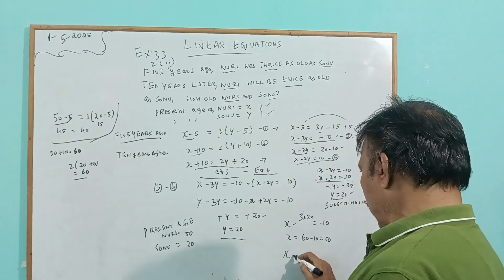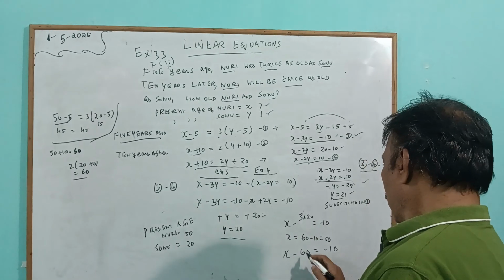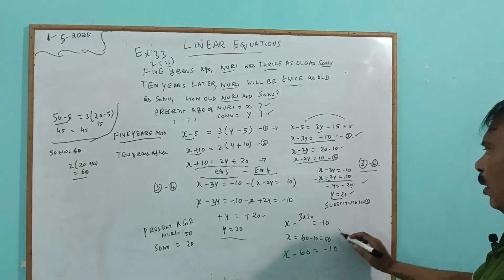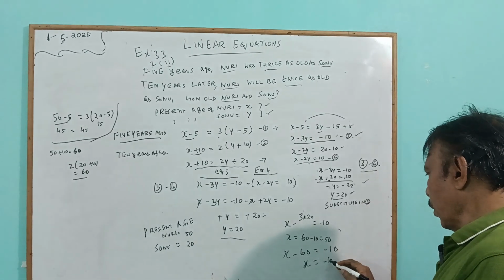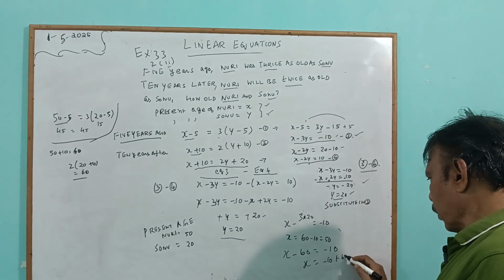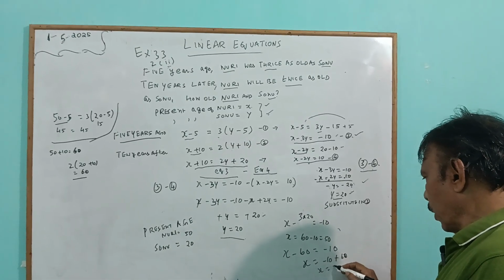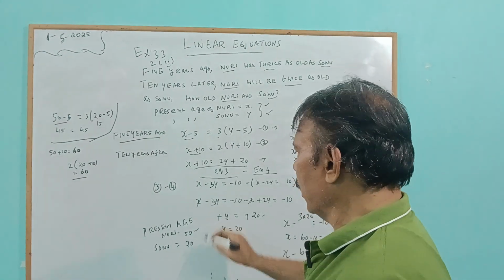So x minus 60 is equal to minus 10. Minus 60 goes there, that becomes plus 60. So x is equal to minus 10 plus 60. Okay, so x is equal to 50. So this is the age of Nuri.